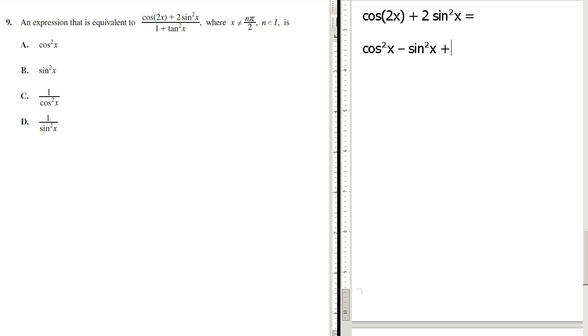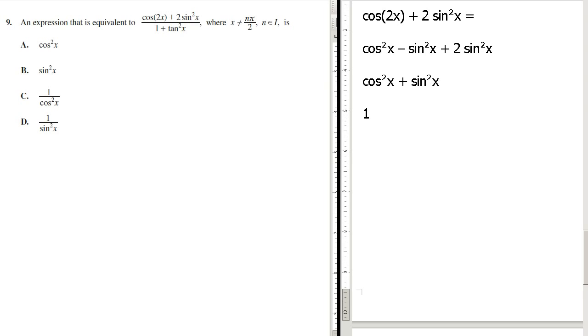Plus, and then once again plus 2 sine squared x. Okay, so what does that equal? 2 sine squared x minus sine squared x. Well, that's obviously just cos squared x plus sine squared x. But this also equals something, just 1.